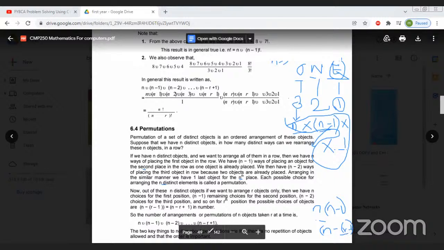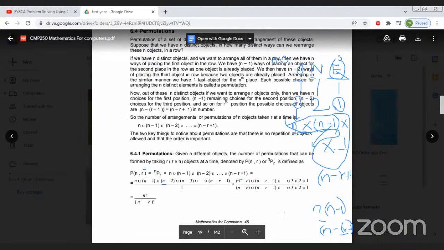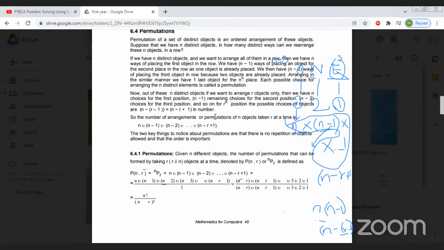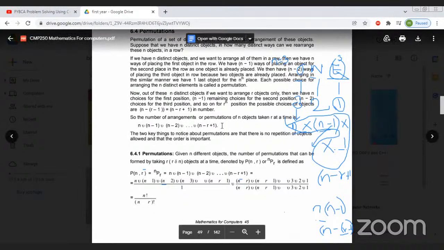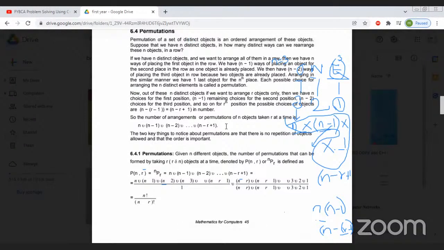Now r minus 1 stands for the rth position, and therefore this is nothing but n minus r plus 1. So can I name this as n minus r plus 1 factorial? Obviously. So the number of arrangements or permutations of n objects taken r at a time goes up to n minus r, since you have to select r objects. So this will be the formula.